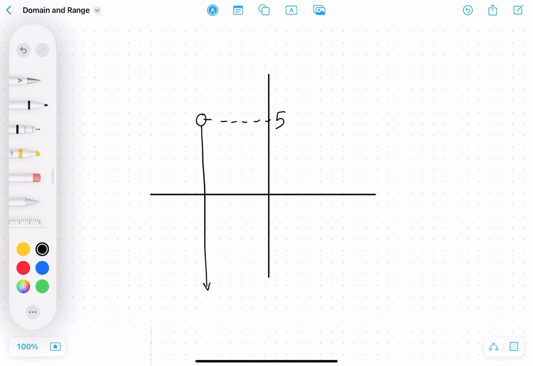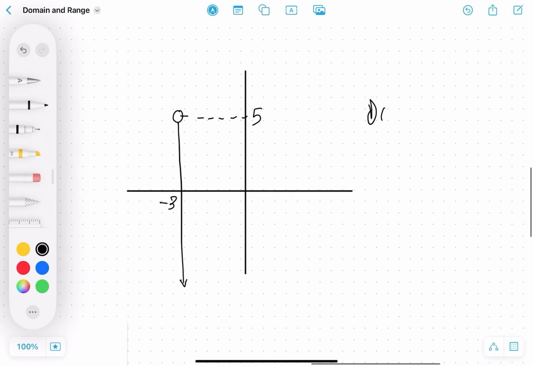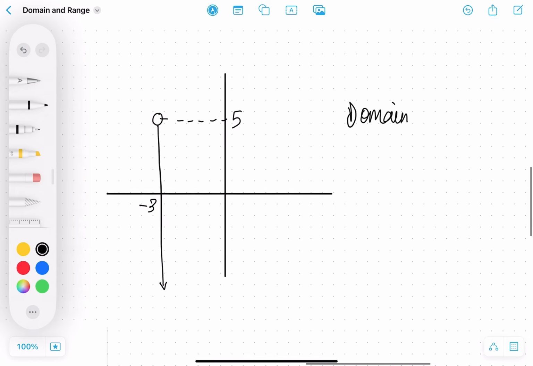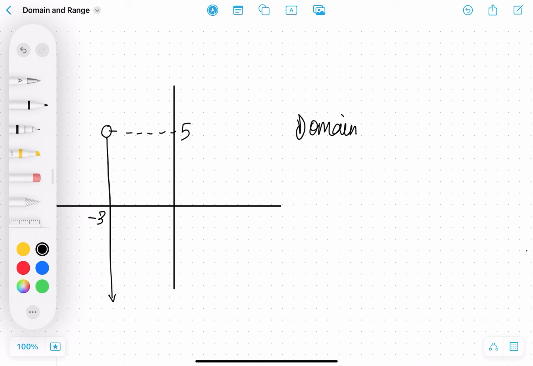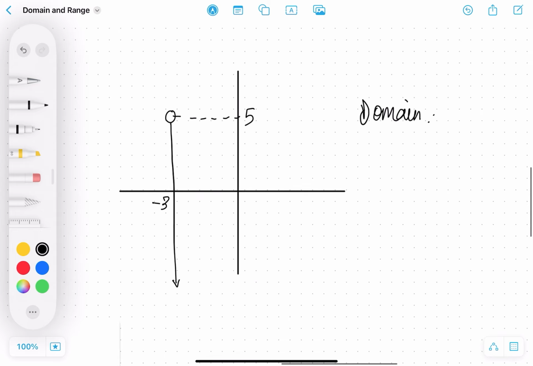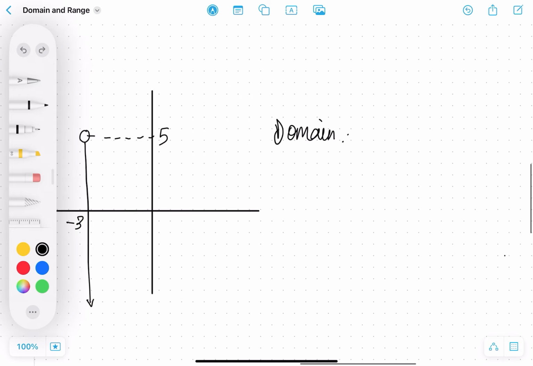And the x value is, let's say, -3. So the domain of this is what x values there are for this graph. What x values does this graph span over? Clearly, we can see from the graph that the only x value is -3. That's the only x value of this graph. So we can write that the domain is x equals -3.